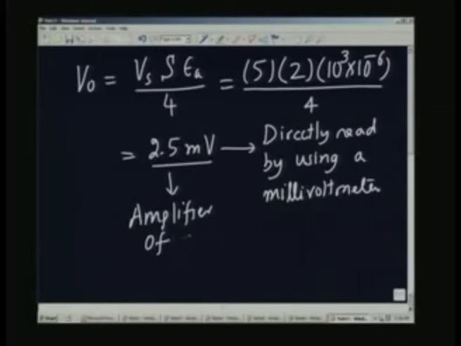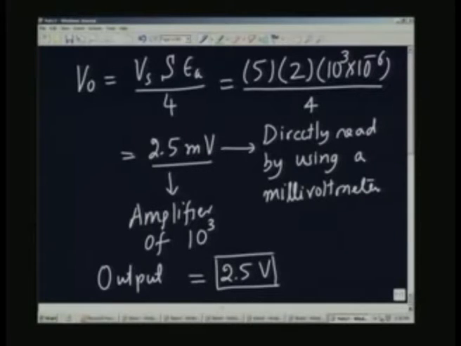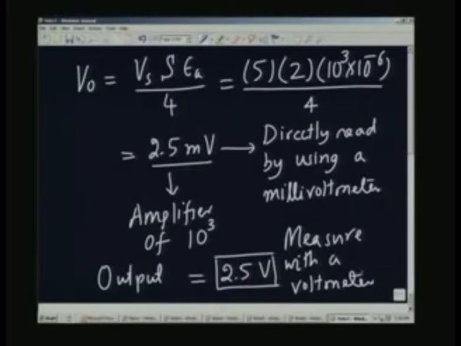For example, if I use a gain factor of 10 to the power of 3, 1000 gain, the output will be about 2.5 volts, which can be measured using a voltmeter. And we are working with DC potentials. All the voltages are DC, direct current, therefore, there is no real problem with this measurement.